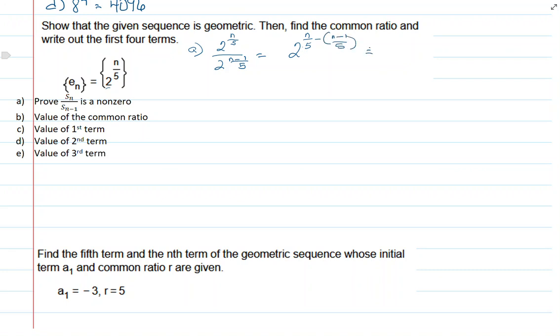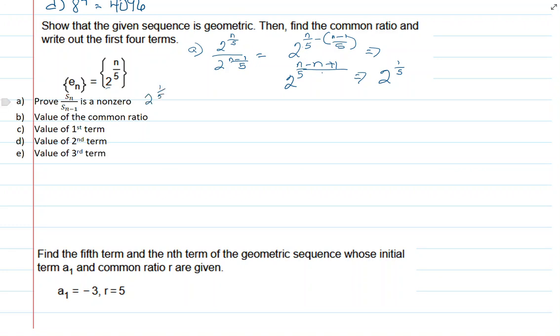When I do that, I'm going to have 2 to the n over 5 minus n plus 1 over 5. When I simplify, I'm going to get 2 to the 1/5. All right. So that is proof that it is non-zero.